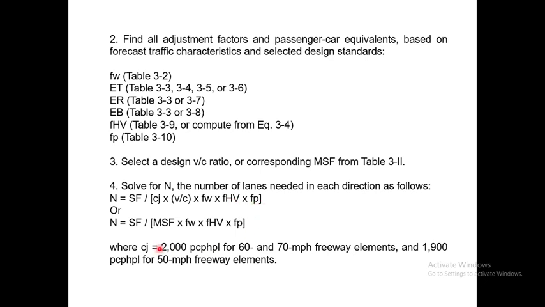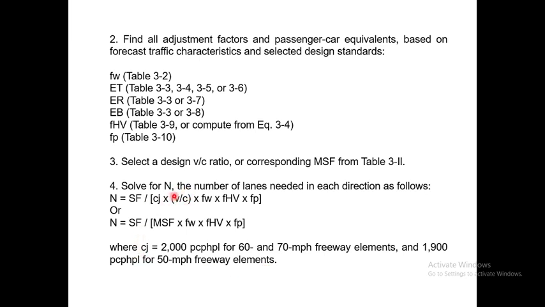Here also, as a reminder, ideal capacity or Cj is equal to 2000 or 1900, depending on the speed. If the given design speed is 60 or 70, the capacity would be 2000. Otherwise, if the design speed was 50, the capacity would be equal to 1900.